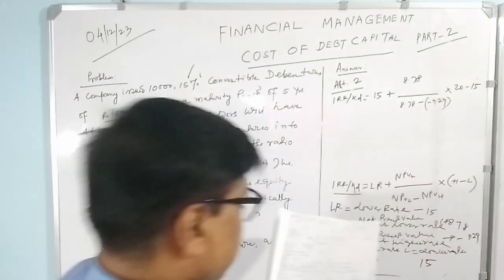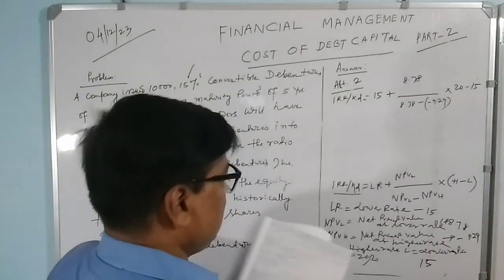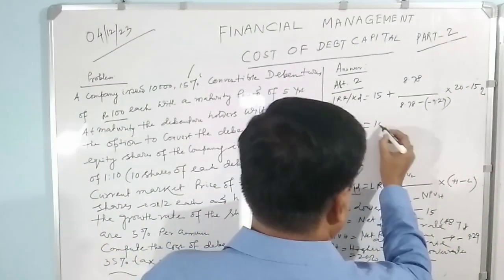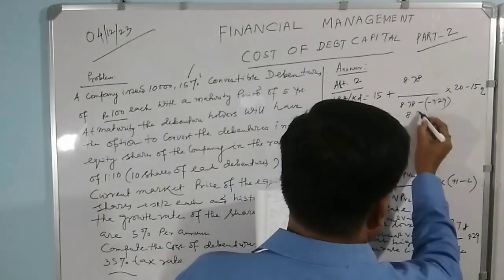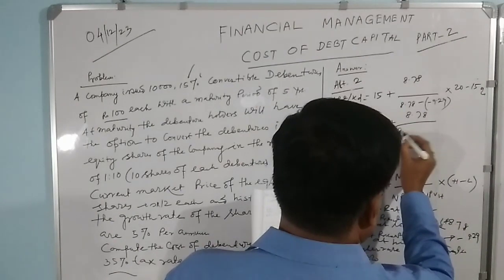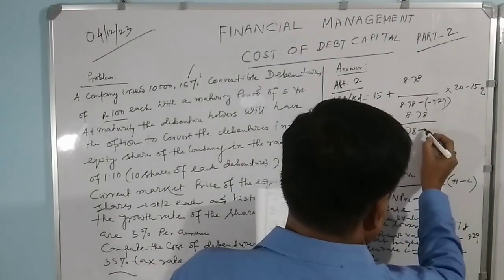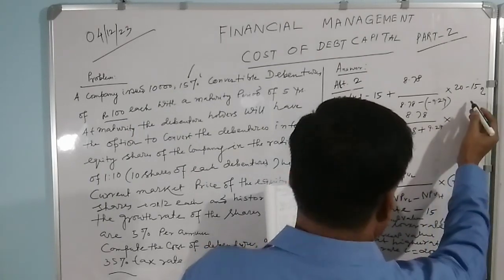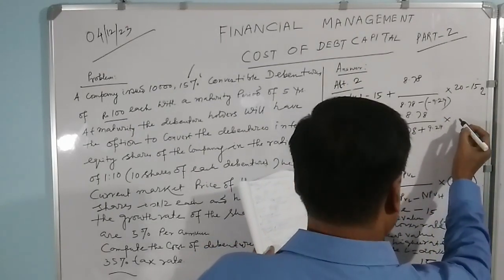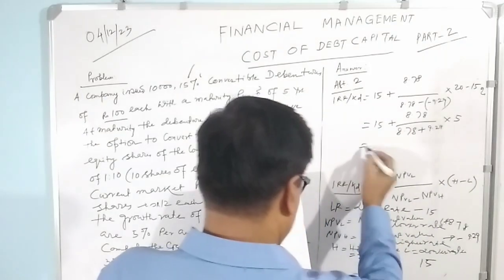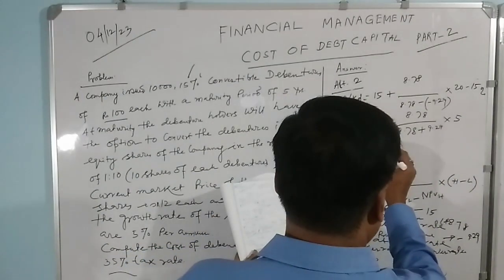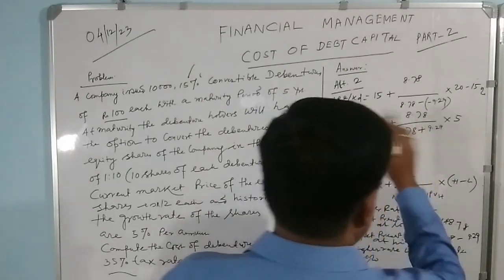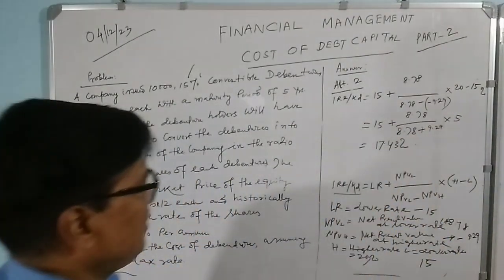This should be the calculation, in percentage form. So if you calculate 15 plus 8.78 by 8.78 plus 9.29, into 20 minus 15, which is 5, and solve this, it will come to 17.43%. That is in between 15 and 20%.